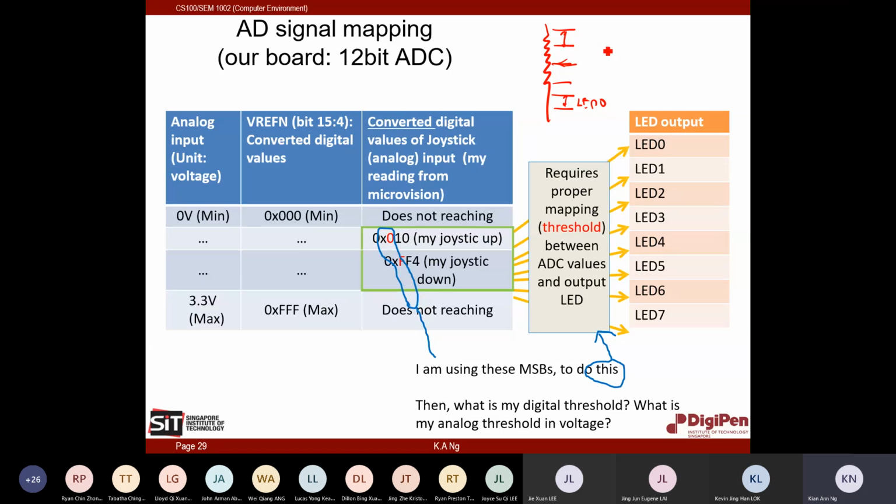One tip to share with you: if you have a 12-bit ADC, you have the MSB, this is bit 11, and so on and so forth, and then you have bit 0. You may want to focus your code on the higher bits, because the higher bits give you the higher reading.